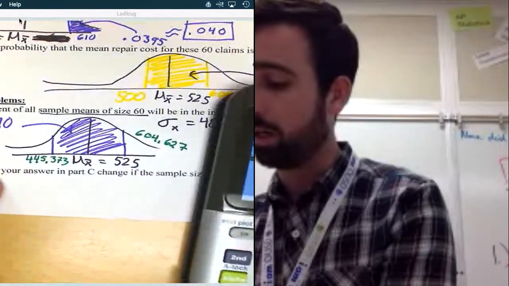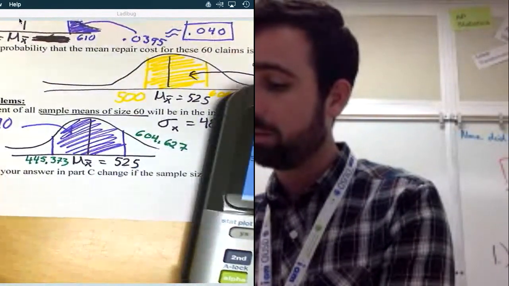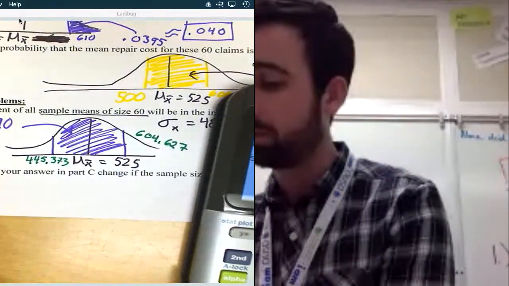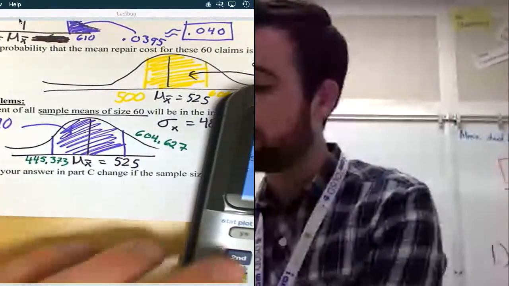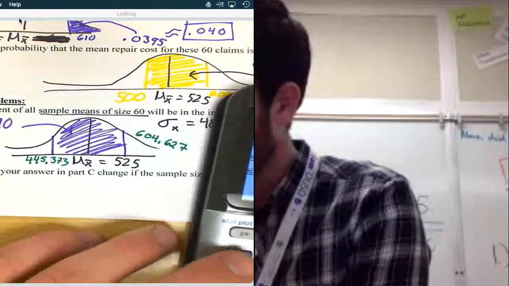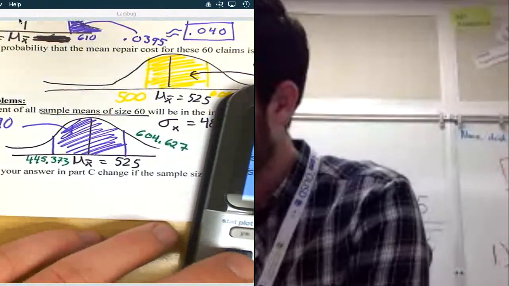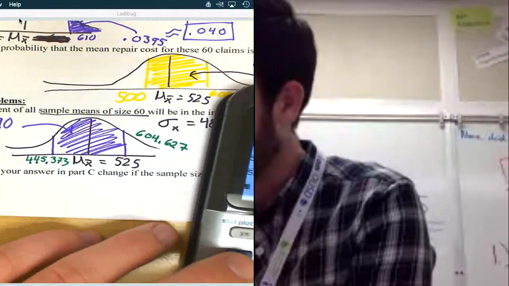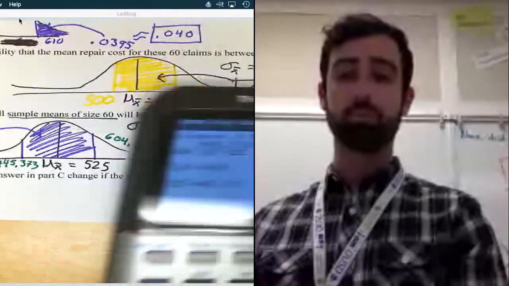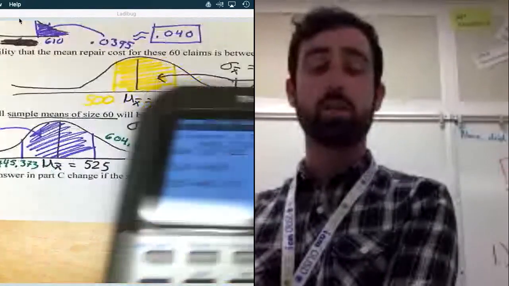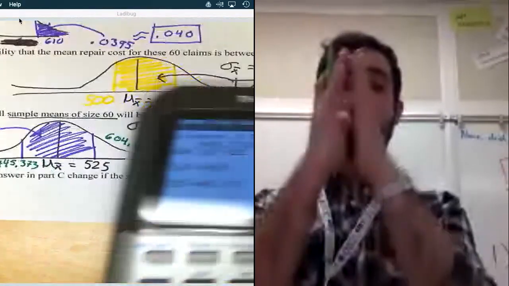Which should also mean 525 minus 445.373 should give us about the same 79.37. Yep, there we go. So what would we need to add to our average to cover the center 90%?